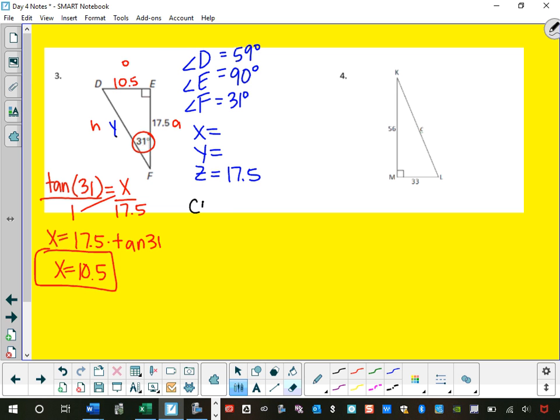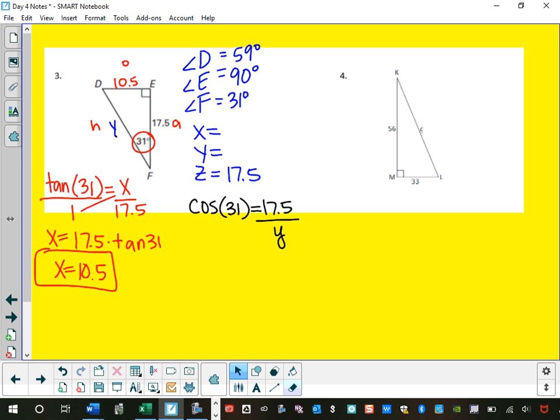Cosine of which angle? 31. I haven't even talked about this 90-degree angle, so it has to be 31. Cosine of 31 is equal to adjacent over hypotenuse, which is Y.